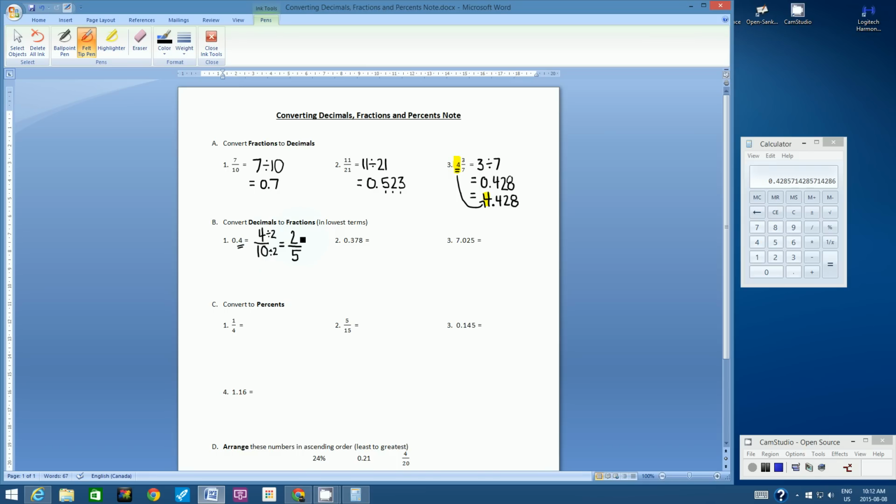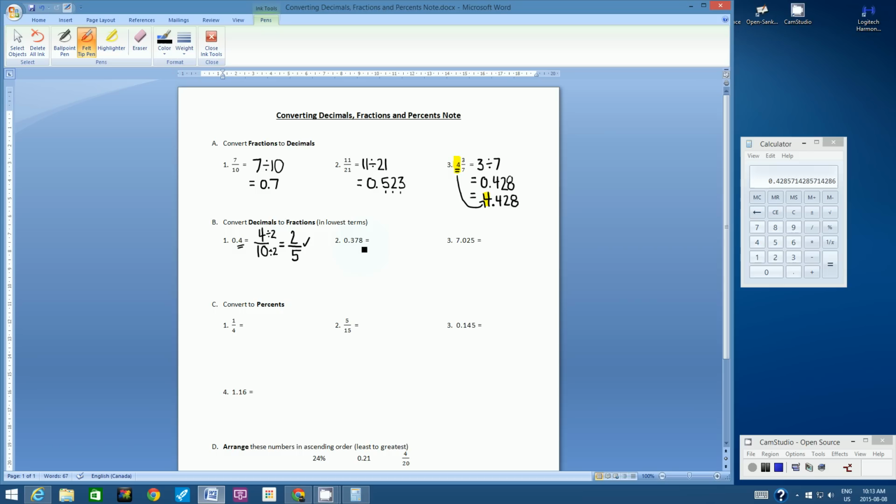Is there a number that can divide evenly into both the top, the numerator, and the denominator? Well, no, the only number that can divide into the numerator is 2, and 2 cannot divide into the denominator. So we have our fraction in its lowest terms, 2/5. 0.4 is actually 2/5. Okay, let's go on to number 2.